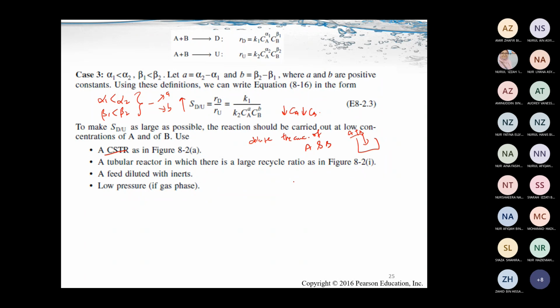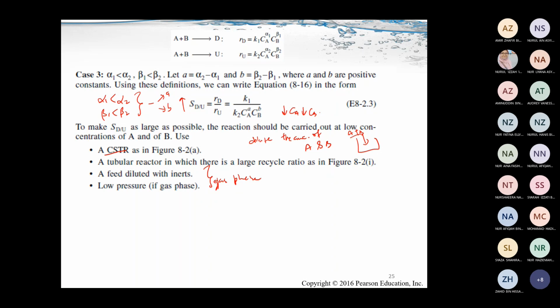Alright, ataupun a tubular reactor in which there is a large recycle ratio. Okay, ataupun kita feedkan dia dengan inert, kita dilutekan inert, and ataupun this one is for gas phase. Okay, ataupun kita buat dia at a low pressure. Alright, gas phase ni kena low pressure. Alright, in order for you to get this one.